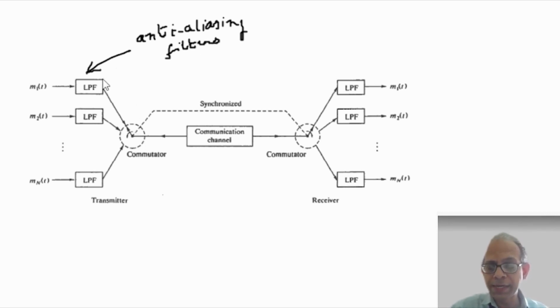The commutator keeps on taking samples from each of the message signals in order, and a composite signal is formed which is transmitted through the channel. At the receiver, another commutator demultiplexes these samples and passes them to low pass filters to smoothen the signals, and what we get are the estimates of the transmitted message signals, say M1 hat(t), M2 hat(t), and MN hat(t).